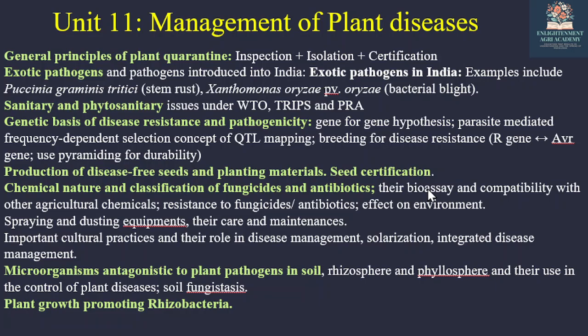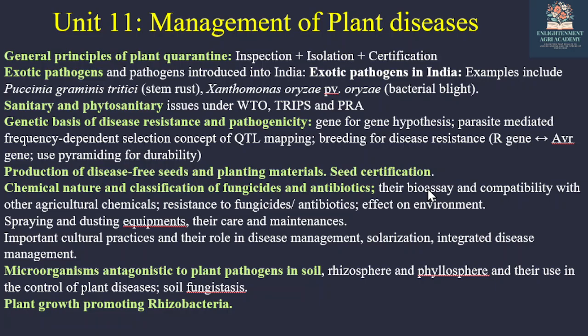So now, microorganisms antagonistic to plant pathogens in soil, the rhizosphere. What is meant by rhizosphere? What is meant by phyllosphere? And their use in the control of plant diseases. Then what is meant by fungistasis in soil? Fungistasis means some fungi have the ability to reduce the growth of other organisms.